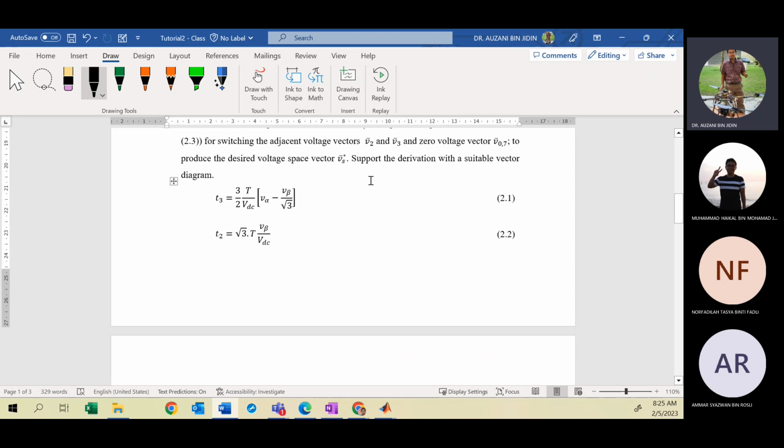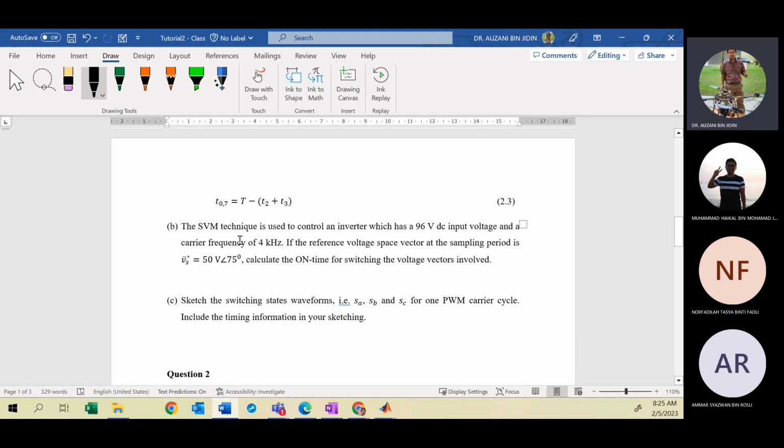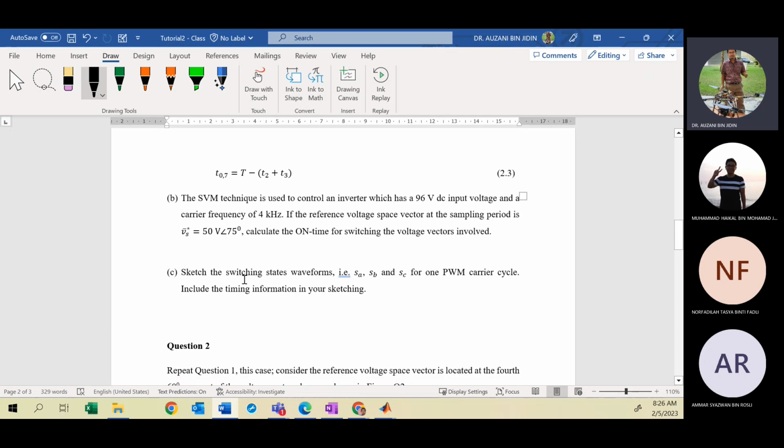You need to support your derivation with a suitable vector diagram. In part B, based on the information given here, the DC input, the carrier frequency, and the reference signal, you have to calculate the on time to switch the vectors involved. Then finally, you need to sketch all the switching state waveforms.